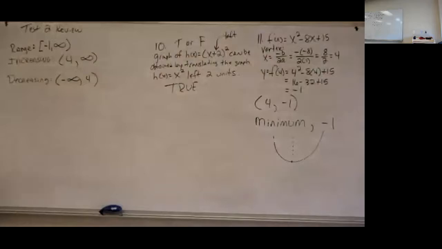And if you notice, when you're done with the increasing and decreasing, negative infinity to 4, and then 4 to infinity, so it's got everything covered. And then let's see, that's all on that one. So find the vertex by hand or calculator. And then everything else is going to come off of those answers you got on that vertex, I think.